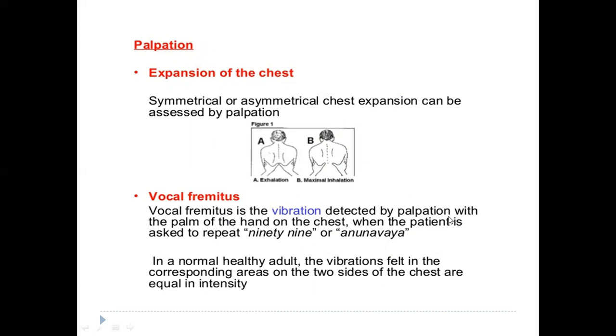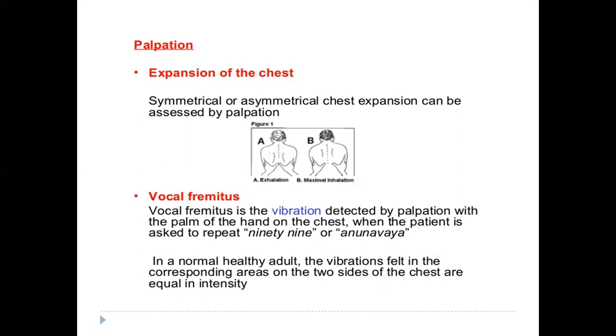Then there is vocal fremitus. It means vibration is detected. We ask the patient to repeat 99 or Anunavaya, and we place the palm of the hand on the chest and we can feel the vibration. This vibration is vocal fremitus.